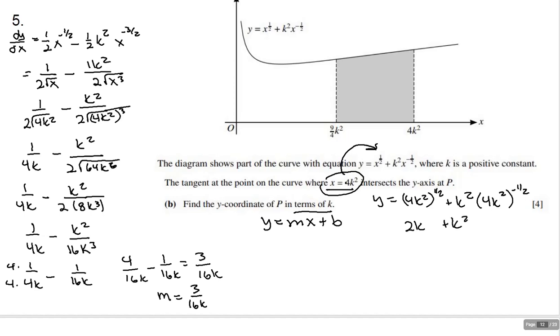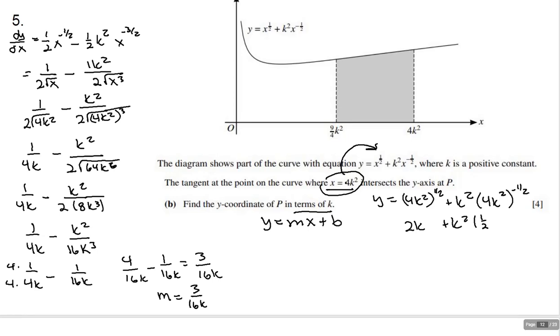If I do 4 to the negative 1/2 power, take a second and try that in your calculator. 4 to the negative 1/2 power is going to be, man, I don't remember, 1/2. 4 to the negative 1/2 power is going to be 1/2.